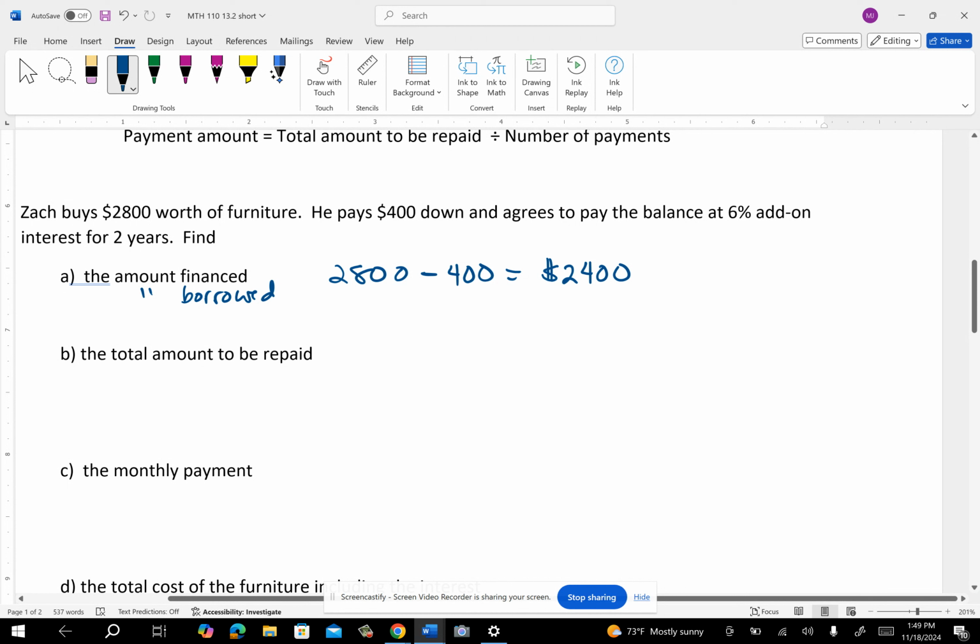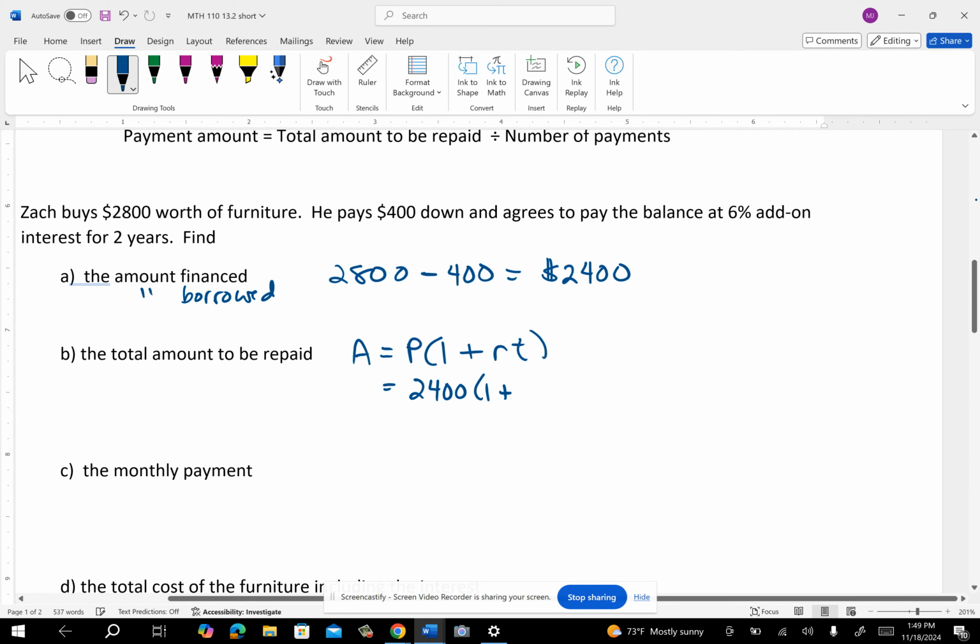Okay. So the amount he's going to have to repay, that could be calculated by using this formula here that we've used earlier. That $2,400 is the amount he's borrowing.